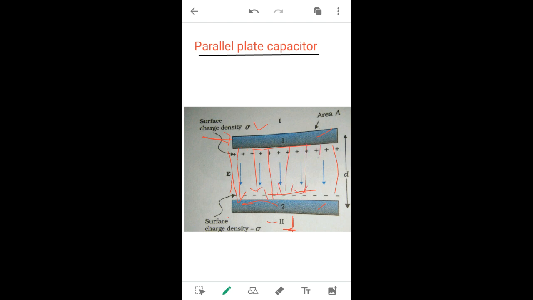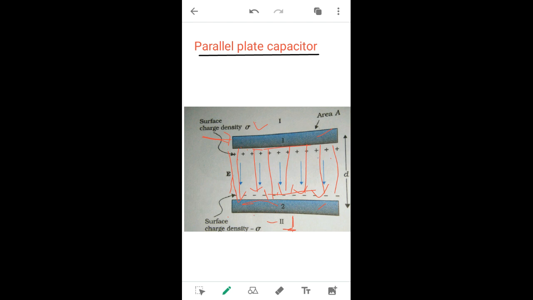Always the electric field is directed from positive to negative. So this plate becomes positively charged and this plate has a negative charge. We will concentrate only on the inner surface of the capacitor.